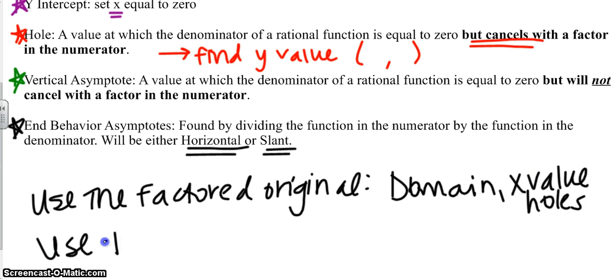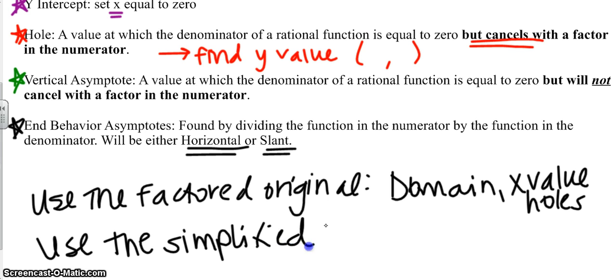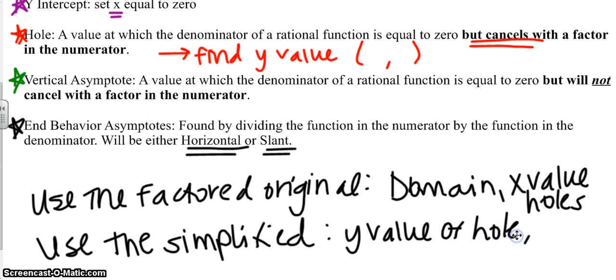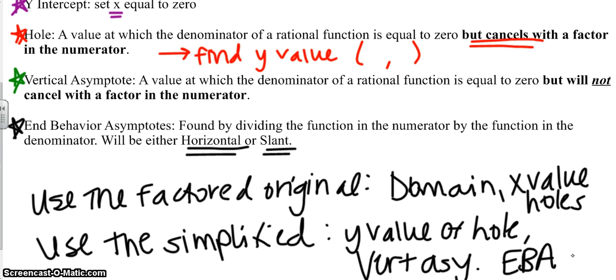Using the simplified version, so after you've canceled things out that simplify down, to find the y value of the hole, the vertical asymptotes, and the end behavior asymptotes. Okay, so just a little reminder, first thing you want to do is always factor the top and the bottom. From that factored form, read the domain and the x values of the holes. Then, cancel stuff out that cancels and use the simplified to find the y value of the hole, the vertical asymptotes, and the end behavior asymptotes.